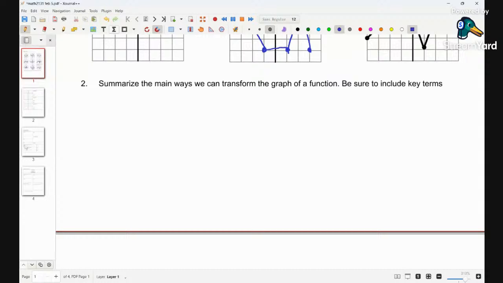But summarize transformations. That can be a paragraph, that can be a bullet point. This is nothing formal. This is almost a message to yourself. What do I need to know? What are the main points? How am I going to remember this for an assessment and beyond this course? Maybe not forever, but at least your mathematical career, that's this semester and any other math courses at this level, you definitely want to know transformations at a super high level.